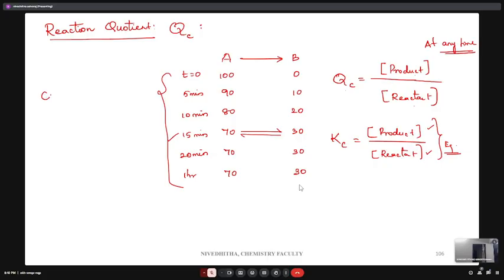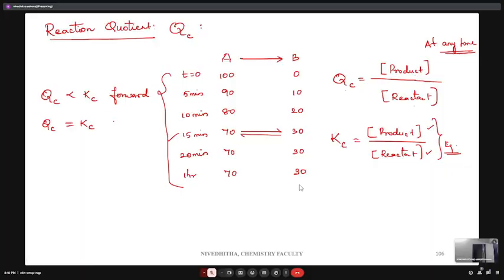The condition is if Qc is less than Kc, then the reaction is occurring in forward direction. If Qc is equal to Kc, then what we can understand, Kana? If Qc is equal to Kc, then what we can understand?